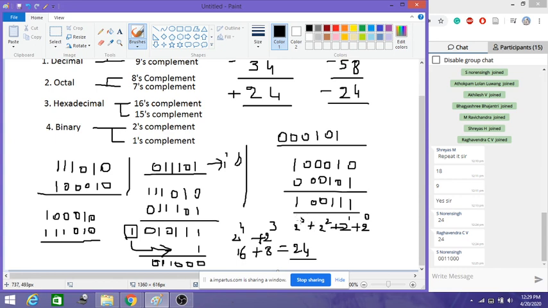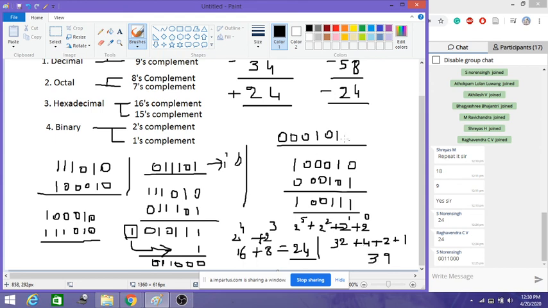Now can you quickly tell me, anyone, what is this? 2 to the power of 5 is nothing but 32, plus 4, plus 2, plus 1. So it is 36, 38, 39.